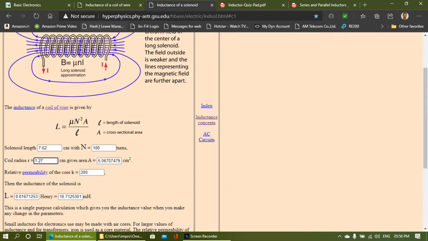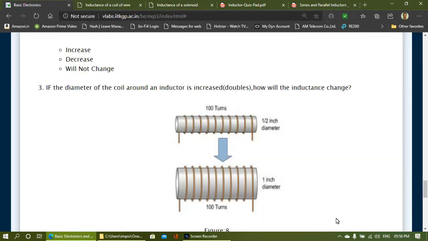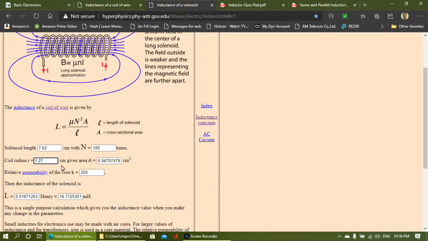Now in case of 1 inch, if we keep all the parameters constant and only change our diameter to 1 inch, then in centimeter it will be 2.54. See how much our inductance will increase.